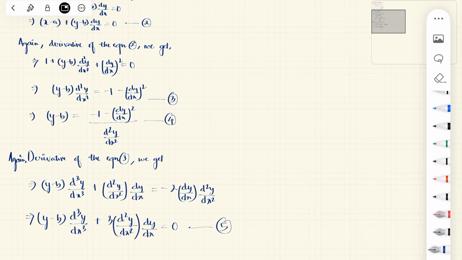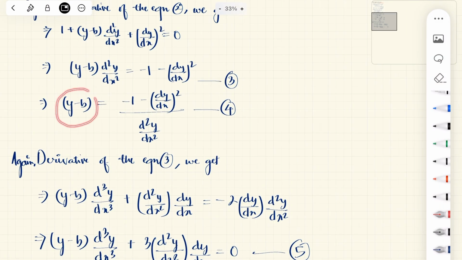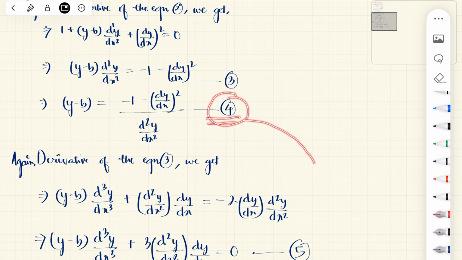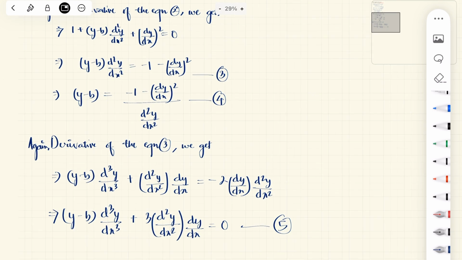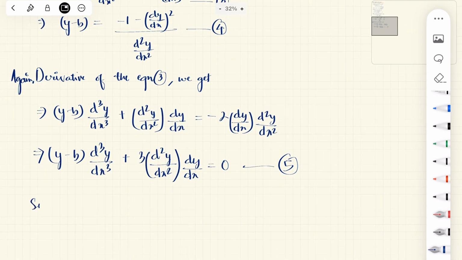Okay, so now if I put this value here, that means we are going to substitute equation number 4 into equation number 5. When we substitute equation number 4 into equation number 5, what do we get? Let's see.